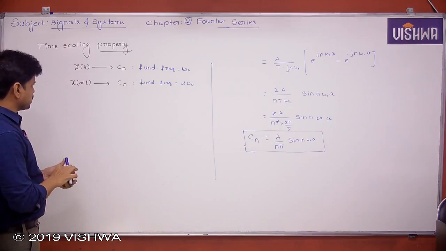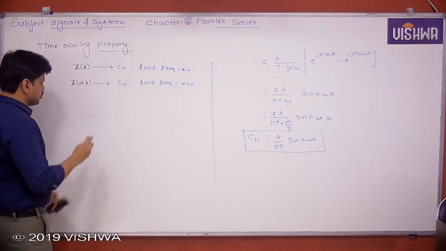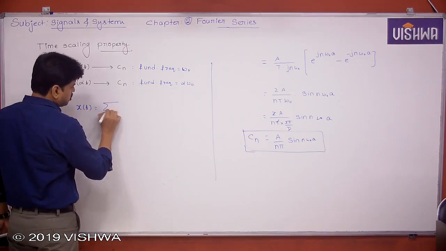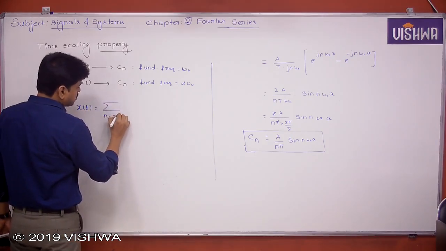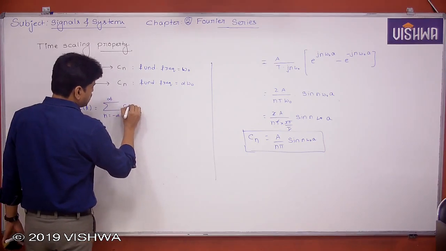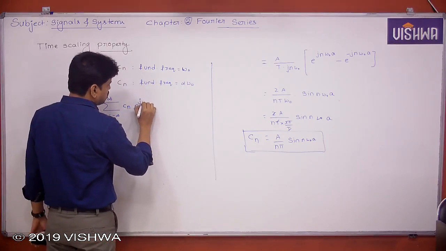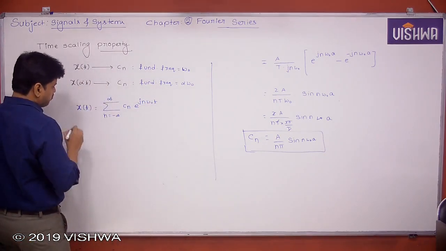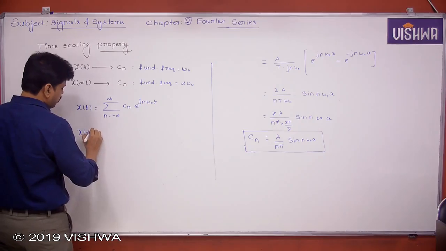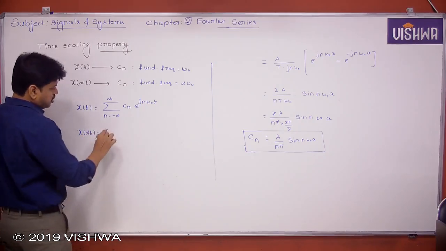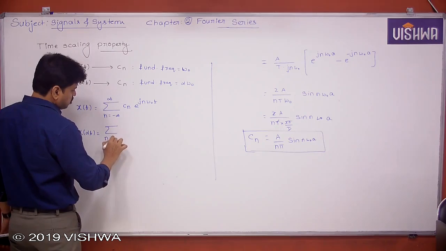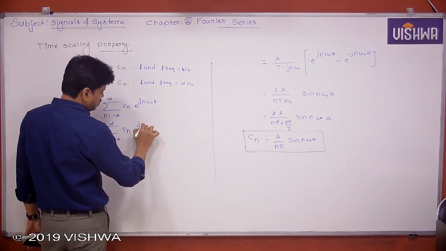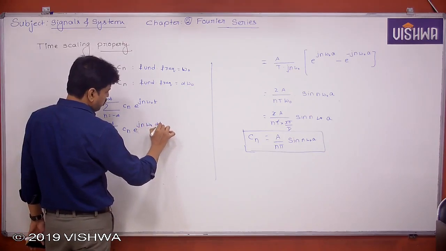Let's understand. I will take the x of t expression, summation n equal to minus infinity to infinity Cn e power jn omega naught t. Then what is x of alpha t? That means t is replaced with alpha t. So summation n equal to minus infinity to infinity Cn e power jn omega naught alpha t.